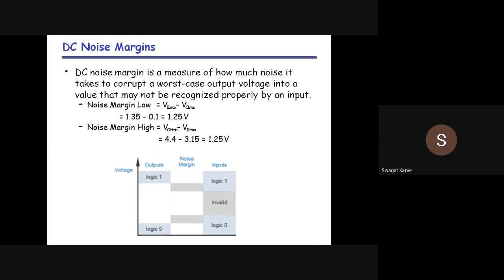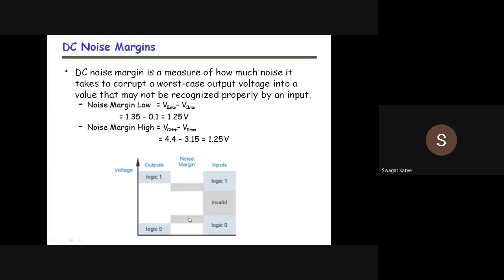For that, if you look at the diagram, consider the lowest value of the logic 0 and the highest value of the logic 0, and the difference between that lowest value and highest value of the logic 0, that band is called the low noise margin, right?